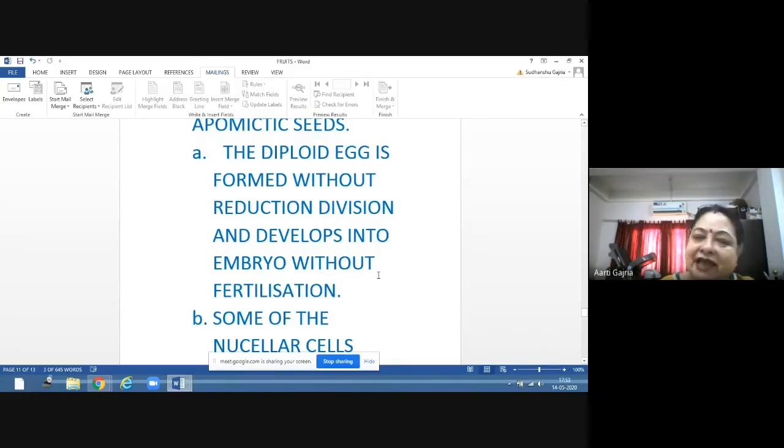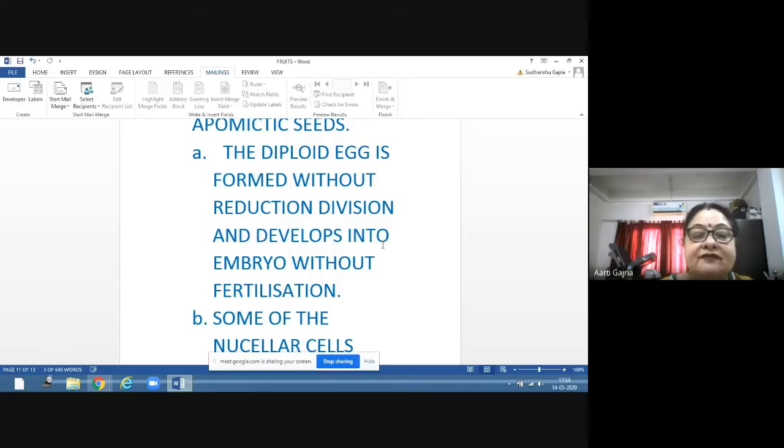Otherwise the egg is haploid and unites with the male gamete, which is also haploid, to produce a diploid embryo. This is one way of developing apomictic seeds.